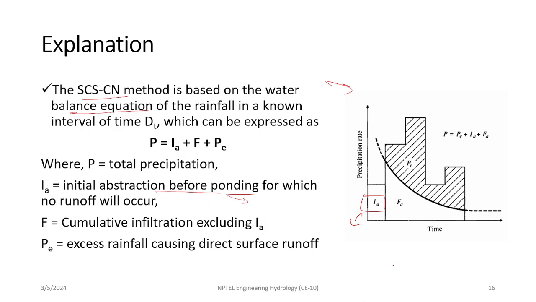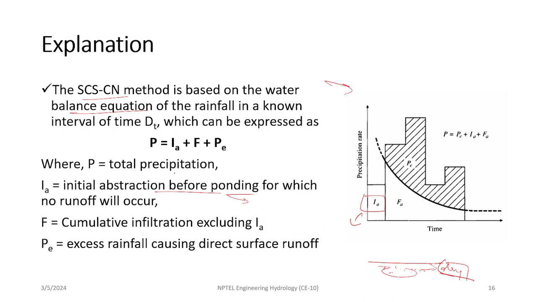Because when rainfall first occurs at any area, initially the soil will be completely dry, right? So definitely moisture is not there. Now this soil will first accommodate a certain amount of rainfall to fulfill the missing moisture, the maximum it can withhold.